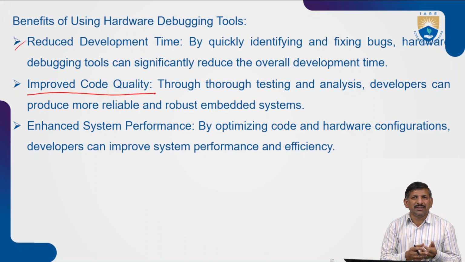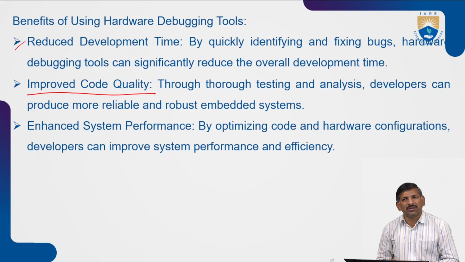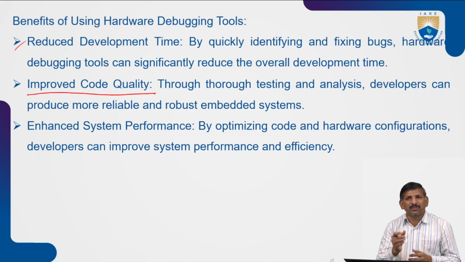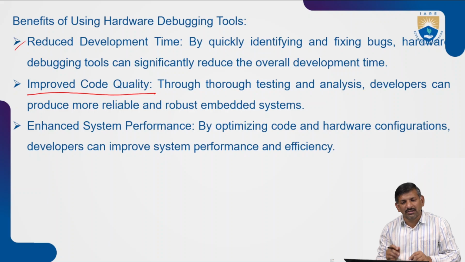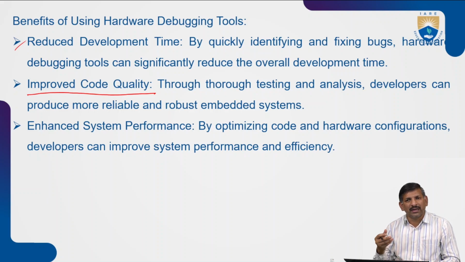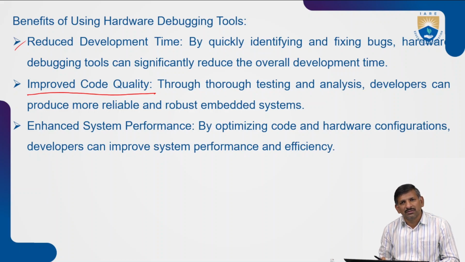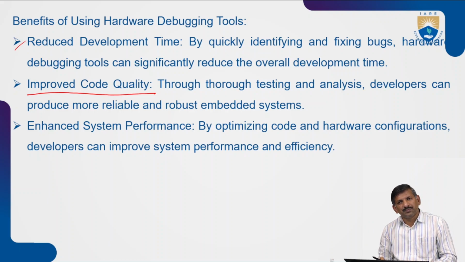If I am giving BCD, I need to get a decimal number on the 7-segment display. Is it counting in the desired manner, 0 to 99? Whatever the functionality I define in the circuit. By seeing that functionality in these debugging tools, if any bug is there, I can identify it easily compared with working without the debugging tools.